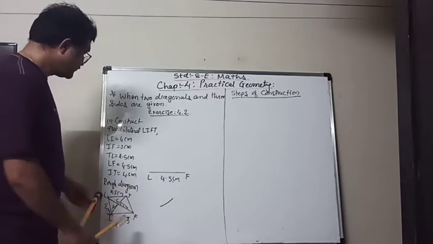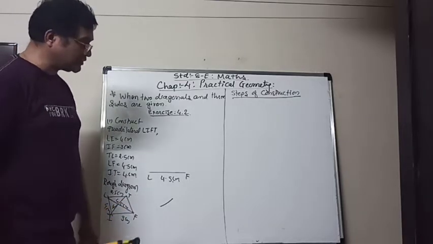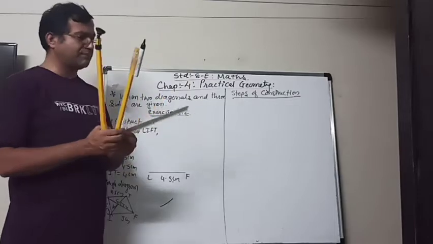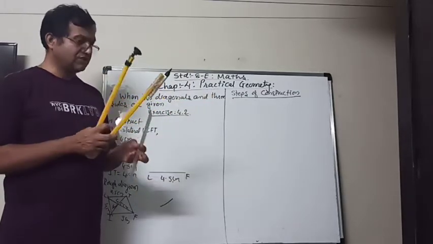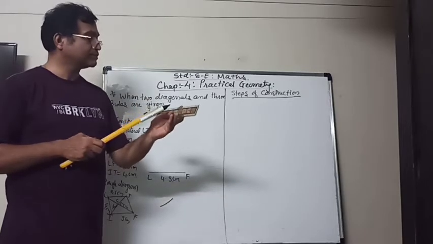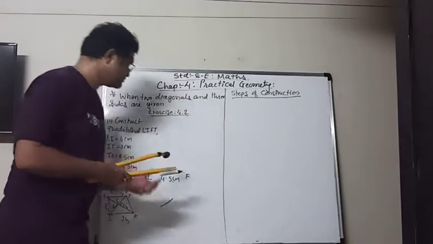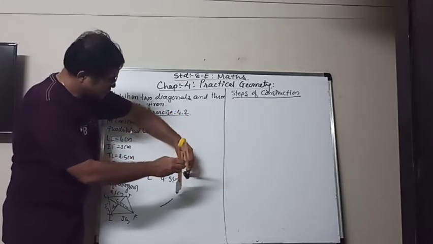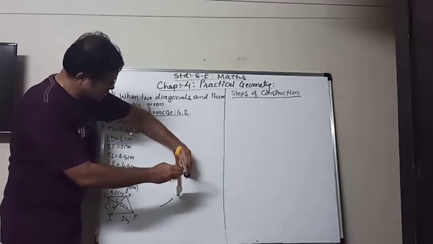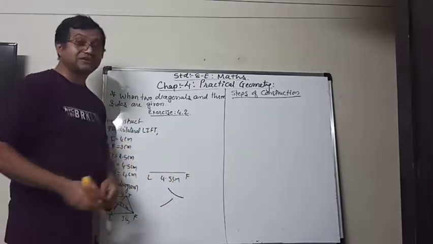And then from F 3 centimeter. 3 means 3 4s are 12 centimeter for me. So from F, I have to draw such that it can intersect, but now I can see that it is not intersecting.